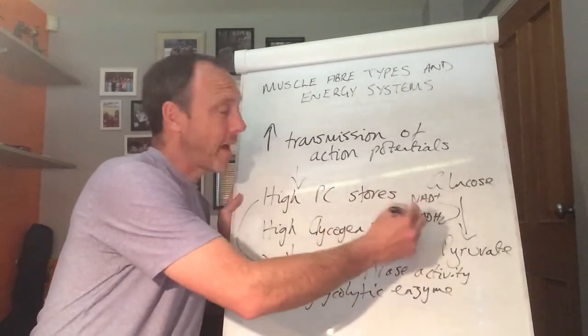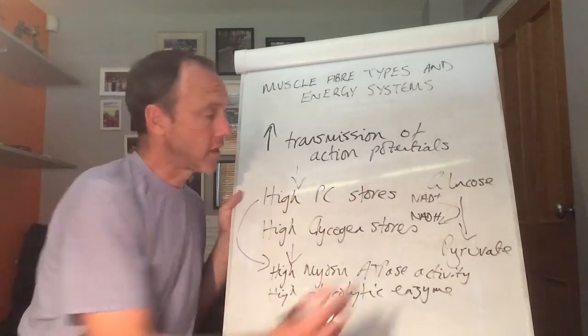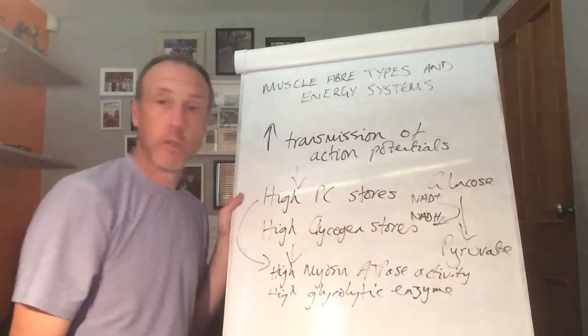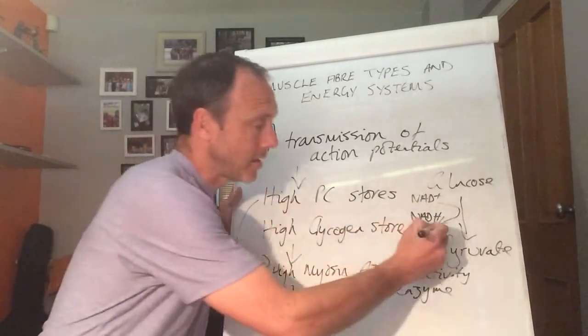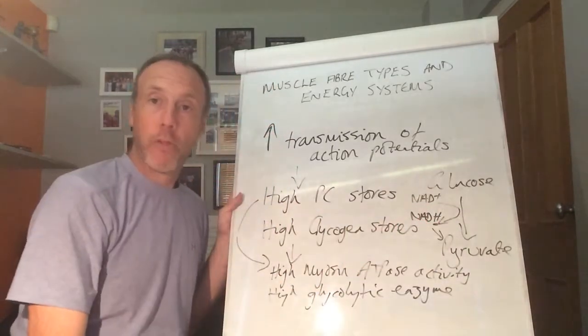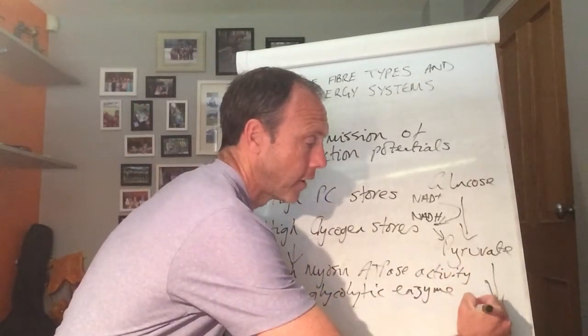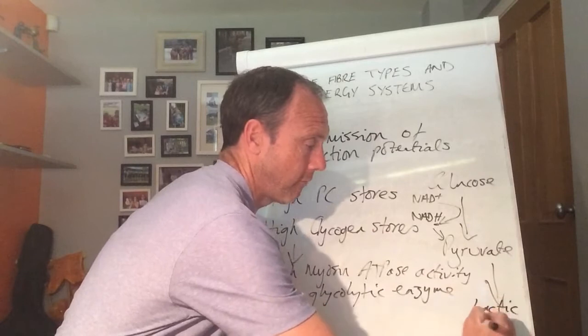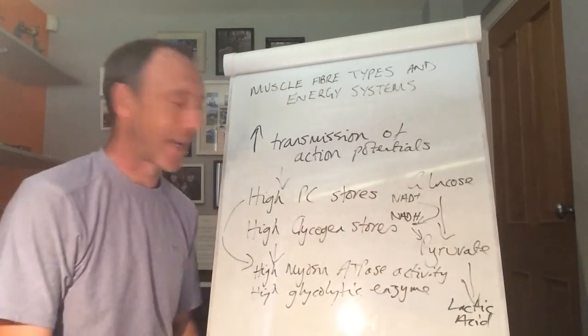So in order to maintain the ability to continue anaerobic glycolysis, we have got to offload. This has got to be oxidized as well. So NADH passes those electrons back to pyruvate, and that converts into lactic acid.